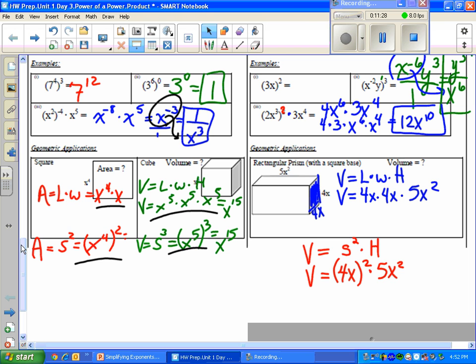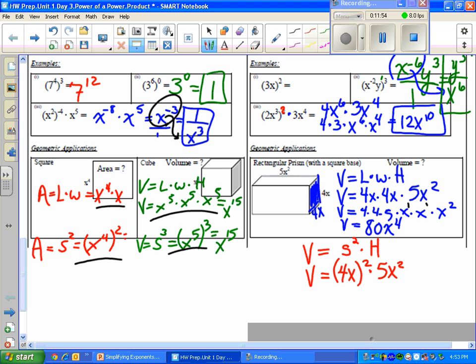For the blue one here, I just rearrange it in the order that I want. So 4 times 4 times 5 times x times x times x squared. Remember that there's little ones here. So 4 times 4 will be 16 times 5. You can just check this with your calculator. I believe that's 80. And then all these x's, you just add up their exponents. That would be x to the 4.